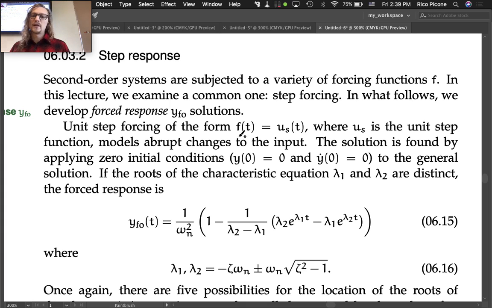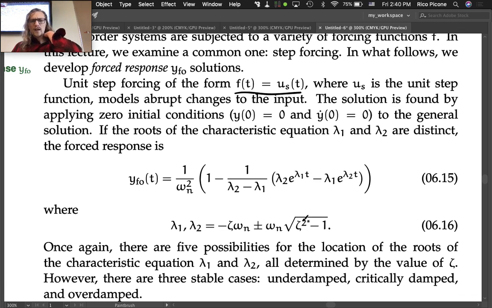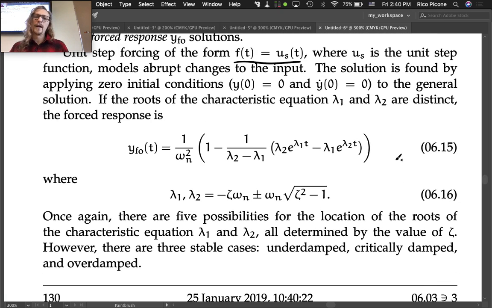So if we set the forcing to the unit step function and we set the initial conditions to 0, because this is our method, right, we're trying to find the forced response, so we set the initial conditions to 0 when we try to find the forced response. And the roots of the characteristic equation, lambda 1 and lambda 2, if they're distinct, the forced response solution is given in 6.15, which looks a lot like the free response solution, right?